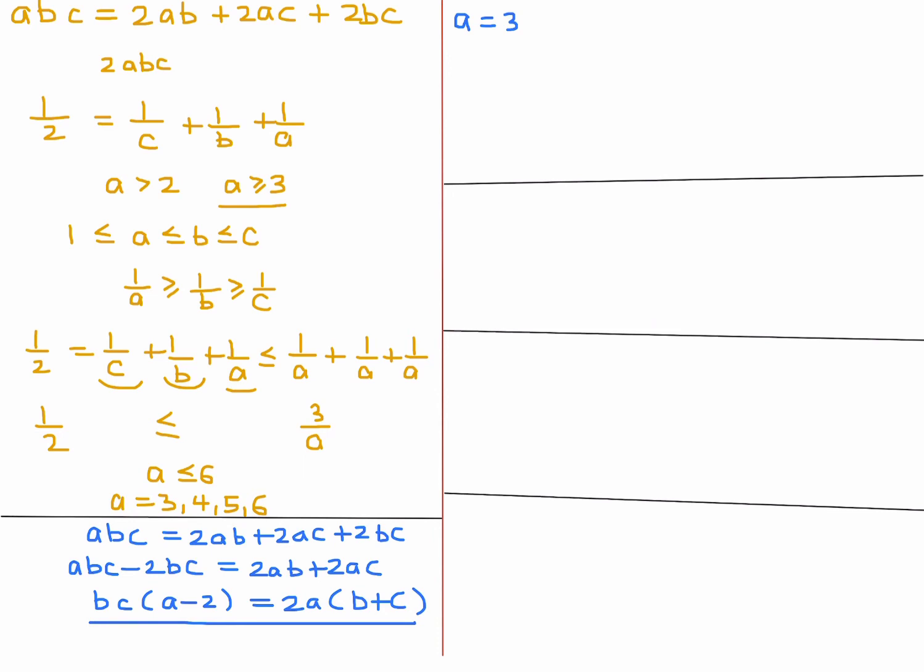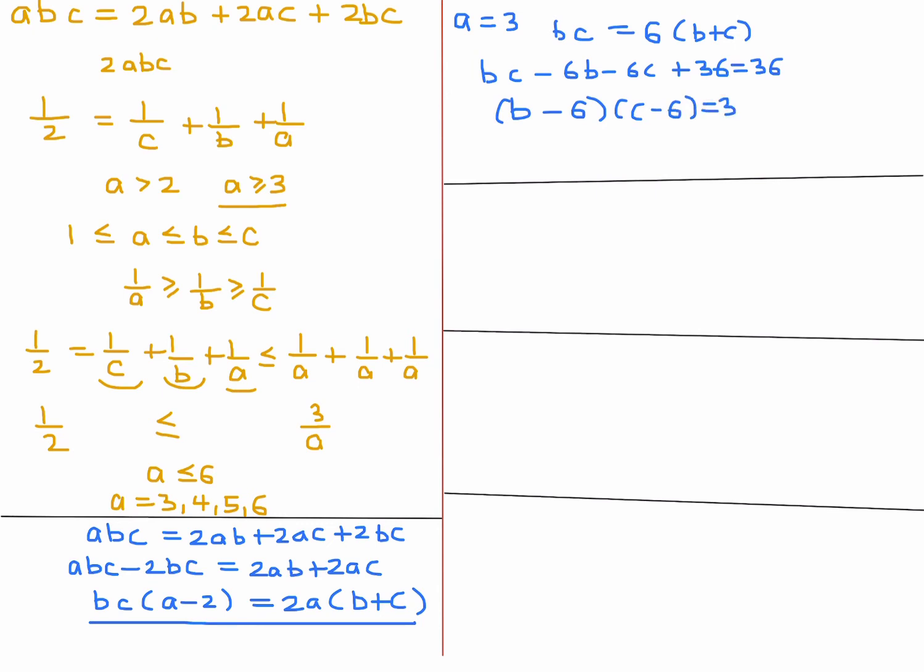So when A is 3, we get basically BC is equal to 6 times B plus C. And then if we do a little bit of fancy algebra, bring this over, and try to factor, it can be facilitated by adding 36 to both sides, and we can factor into B minus 6 times C minus 6 is equal to 36.